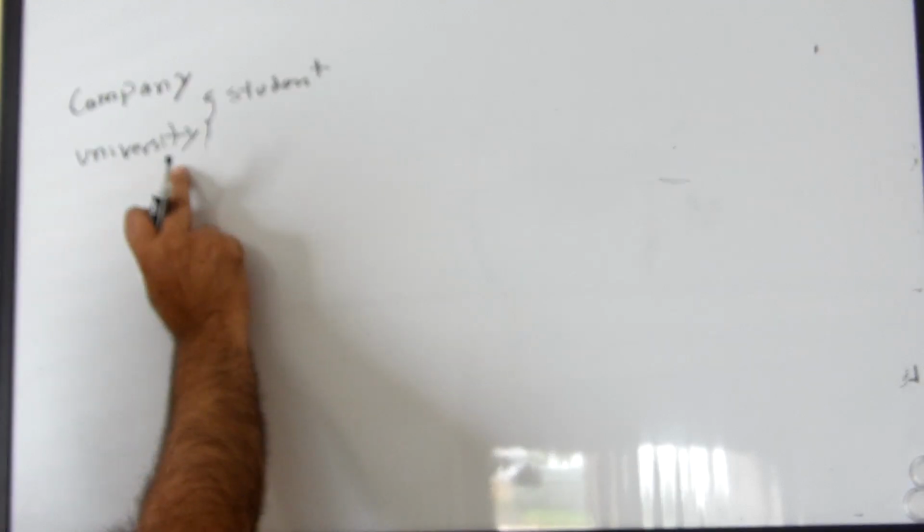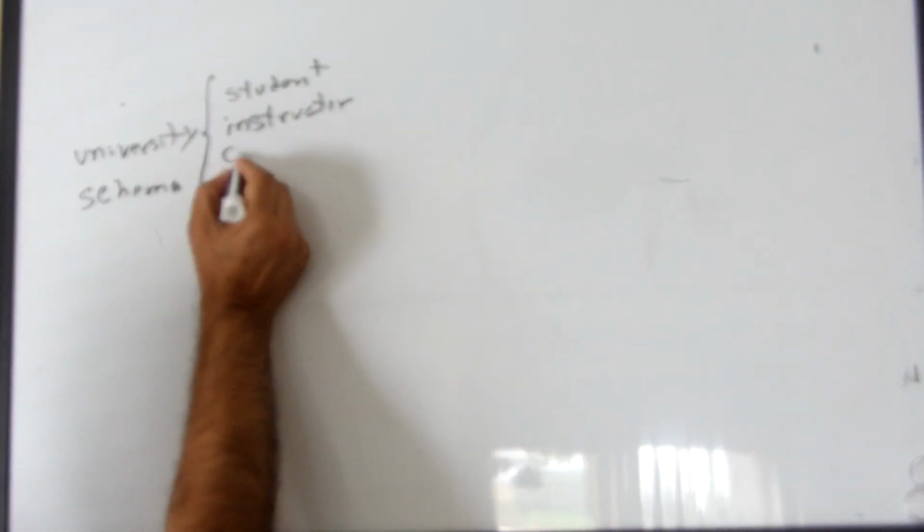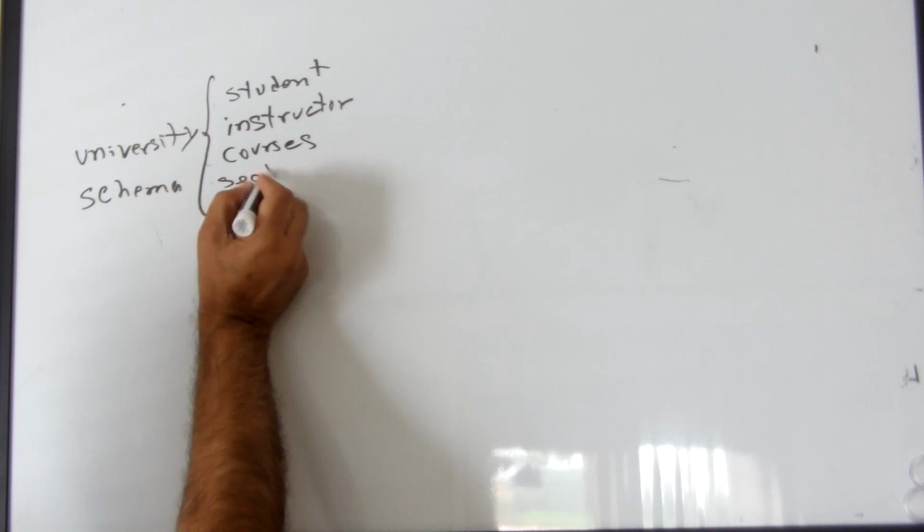You want to create a database for the university. You call it the university schema, and you have to create many tables. The university has students, instructors, courses, sections, and some other things.